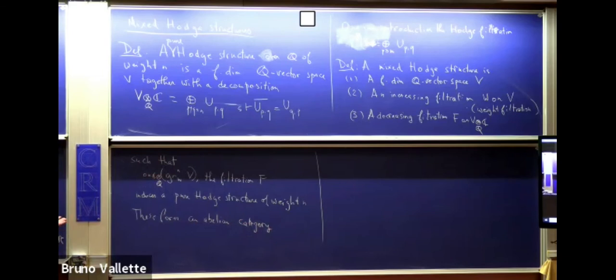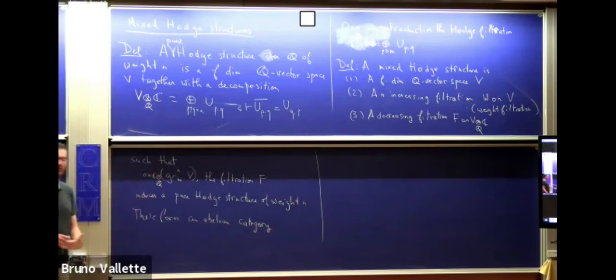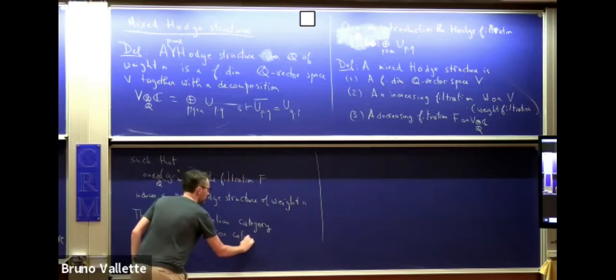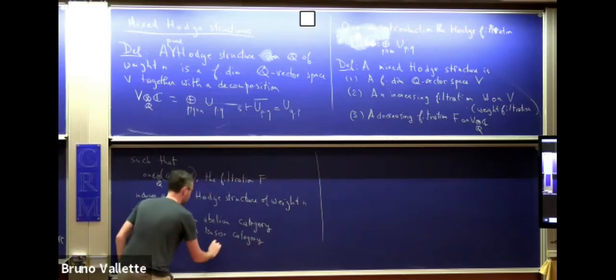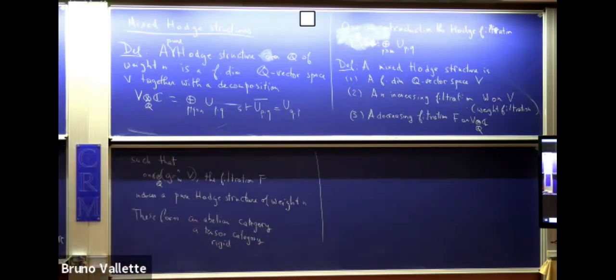You know how to tensor filtered vector spaces, and you can check that this condition will pass to the tensor product. So this is an abelian tensor category. It's also what's called rigid. So any object is dualizable in this symmetric monoidal category. And the dual is just the linear dual with the induced filtrations.